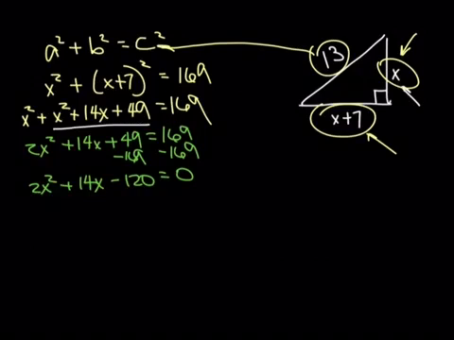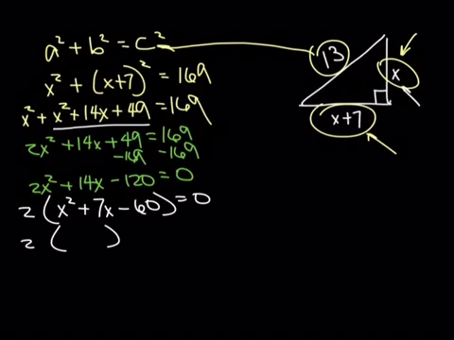All right. So first thing, we're going to take a 2 out. Okay, so that makes it a little bit easier to work with. 2 numbers multiplied together give me negative 60.